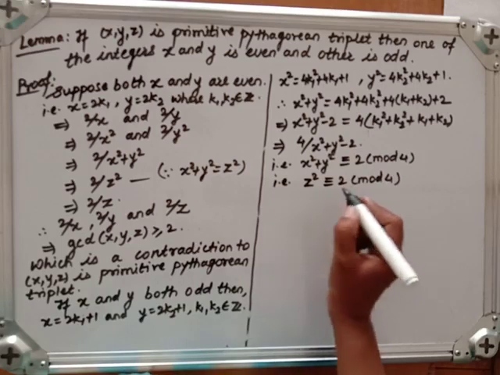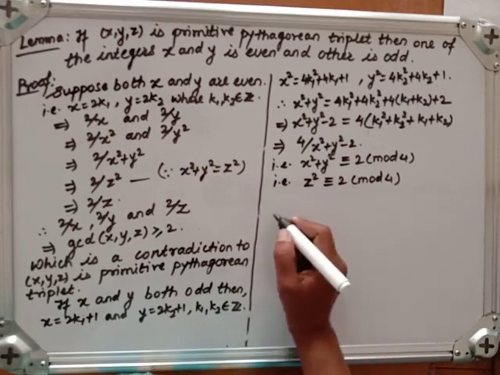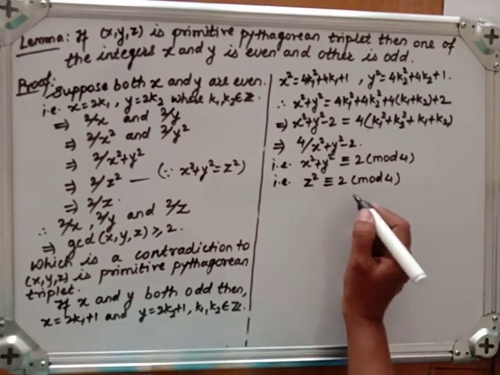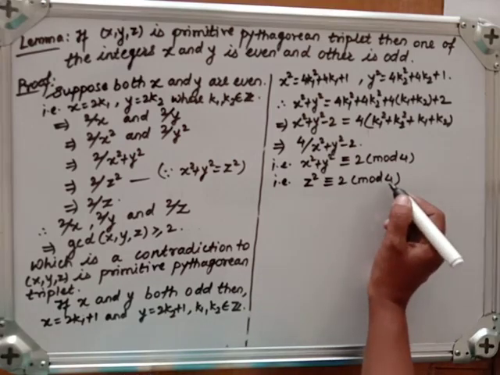Now this is also a contradiction, because the square of any integer won't give a remainder 2 after dividing by 4.